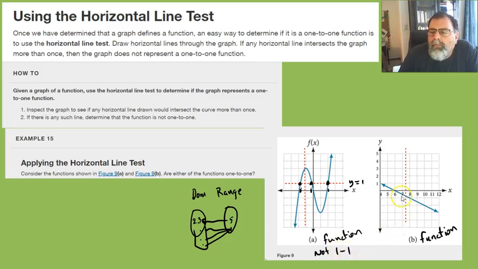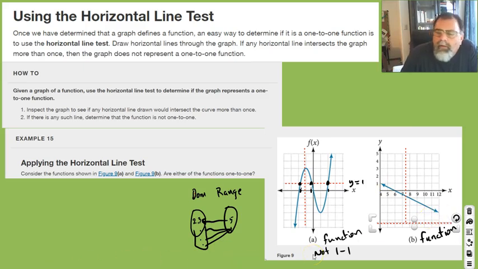Okay, now this one, if we put a horizontal line, so the horizontal line represents a y value, and you can see it's just going to hit the line once. So every y value, no matter where it is, will hit the graph just once. This arrowhead goes forever, so if it's down here, it connects way outside what I have graphed here, but it would hit the line just one time.